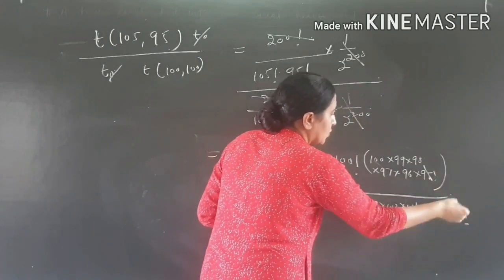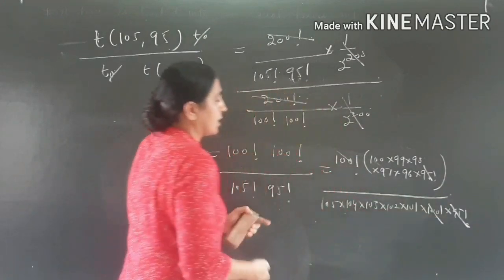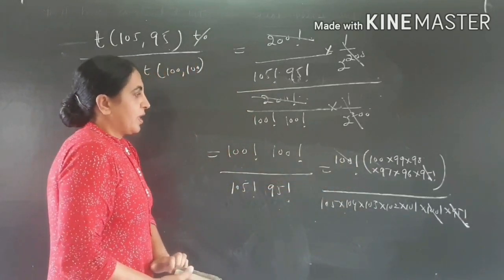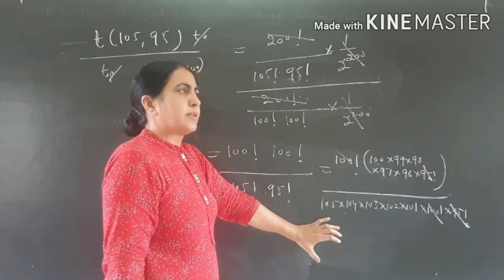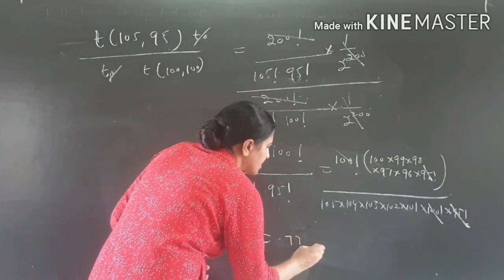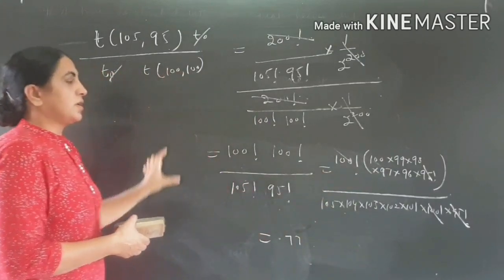So 95 factorial goes with 95 factorial, and 100 factorial goes with 100 factorial. So you will get this. When you solve this, you will get the answer, about 0.7769. So this is your first numerical.